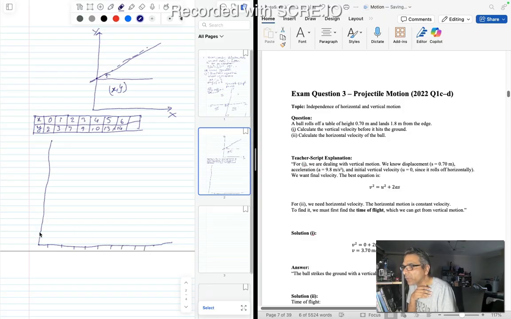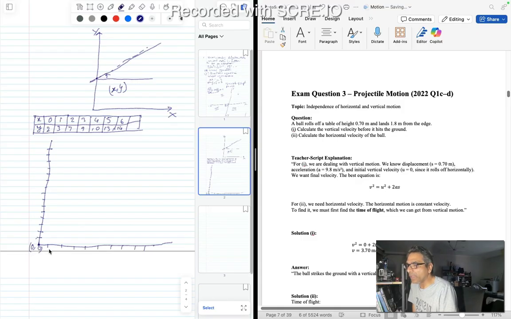And let's say we have 1, 2, 3, 4, 5, and then 11, 12, 13, 14, 15, right? So as we know, this point is known as 0, 0.